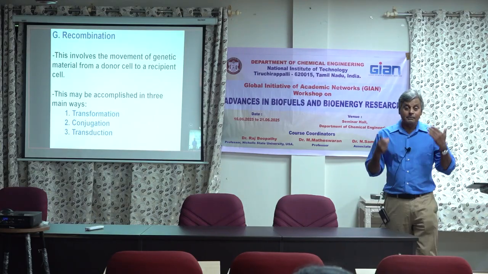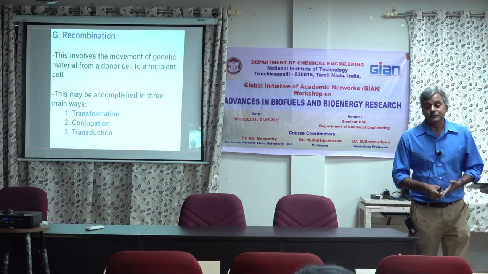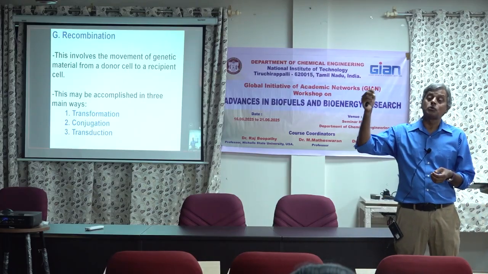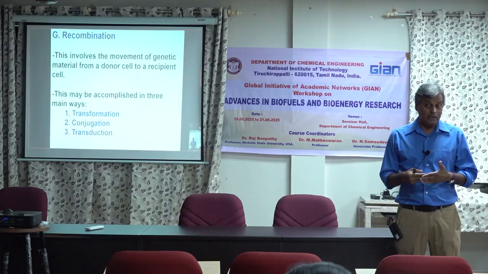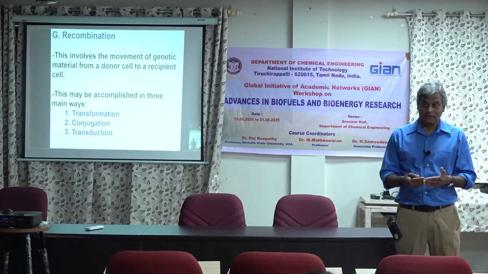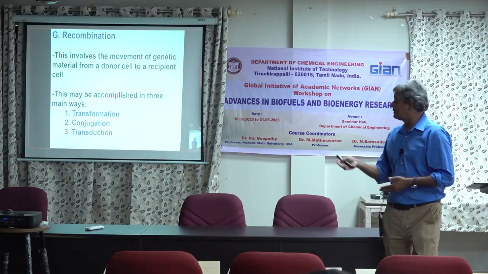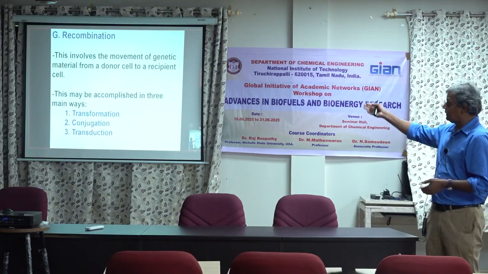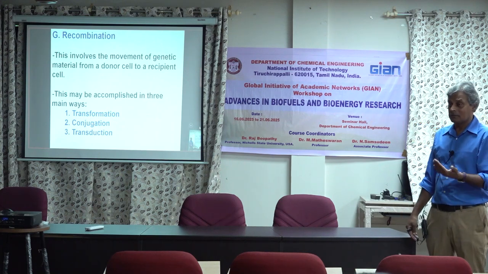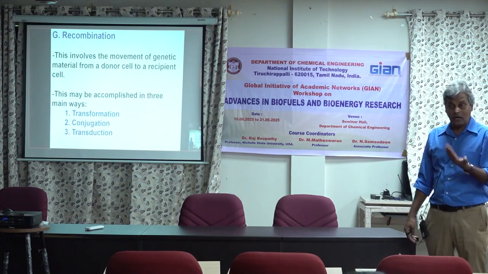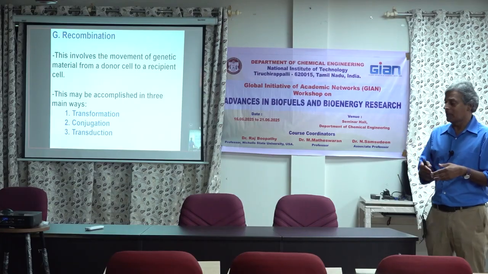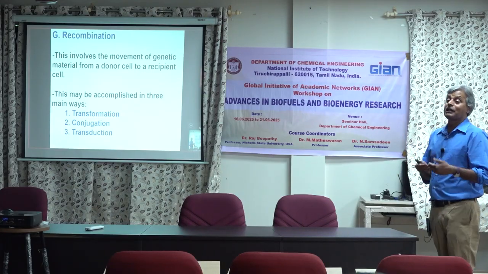And then recombination. What is recombination? Recombination is when you have genes from more than one source. You have your own gene, and you have a gene from somebody else put into your body. That's a recombinant gene. The recombinant gene happens in bacteria by three phenomena, which I quickly told you about this morning: transformation, conjugation, transduction. It happens in us also when you go for modern medical treatment, gene therapy, right?